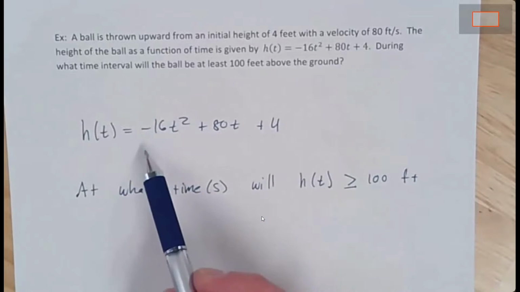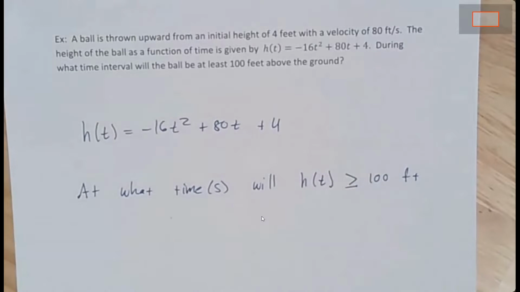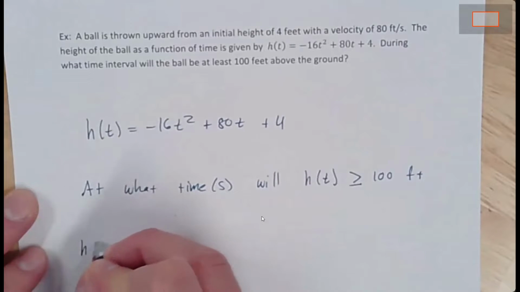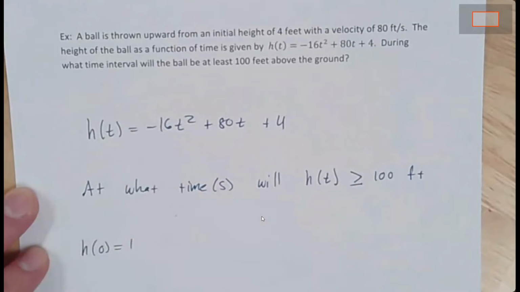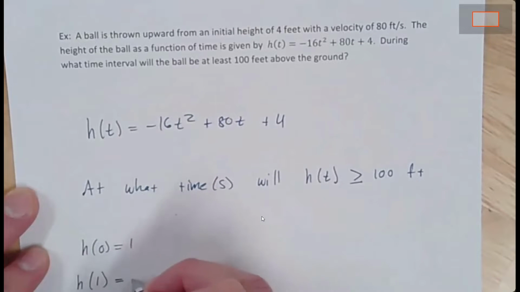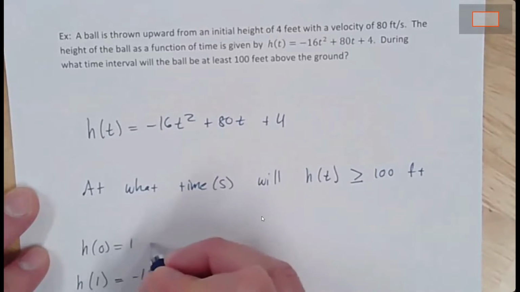If you want to write some things down, you could start plugging in some numbers. It's not going to be very efficient, but you'd say, I know the height at time 0 is 4. I know the height after 1 second of being thrown upward is going to be negative 16 plus 80 plus 4, which is 64 plus 4, 68 feet high.